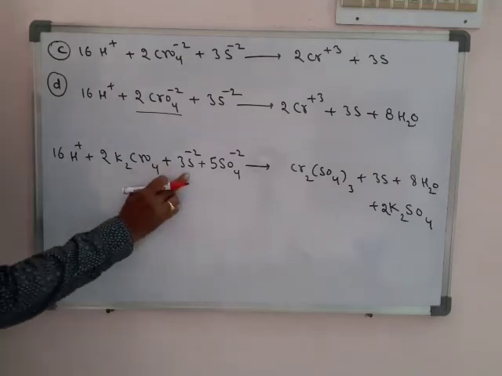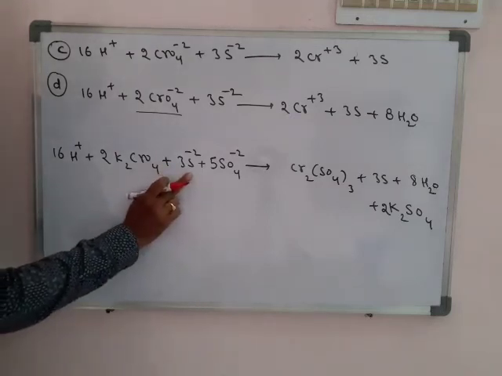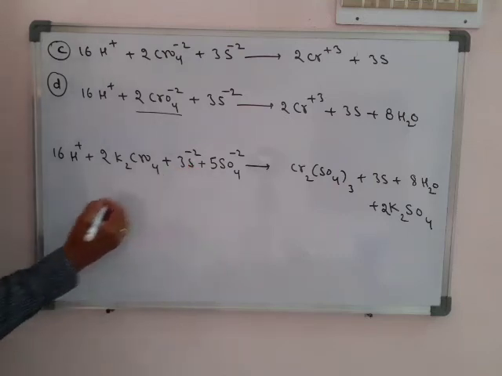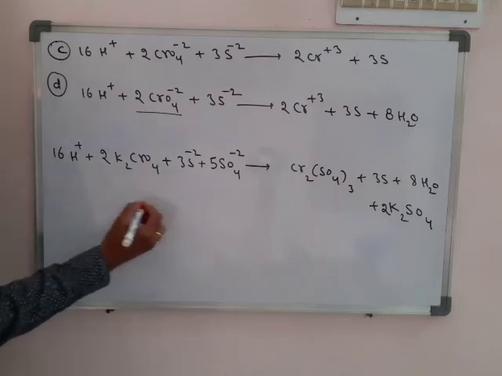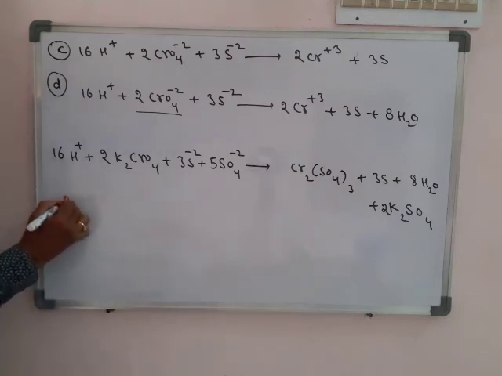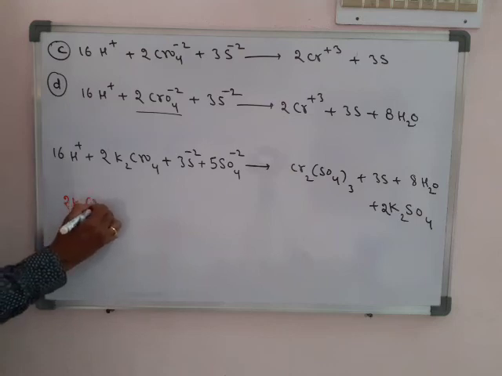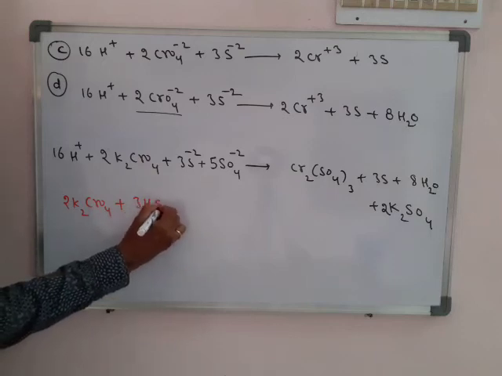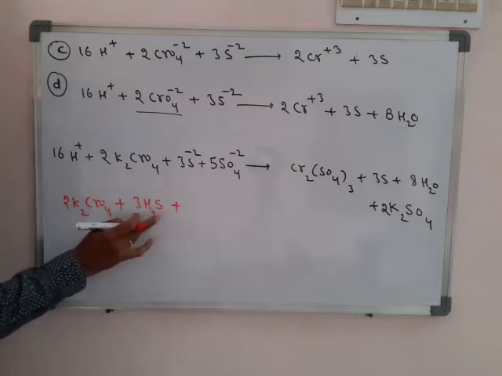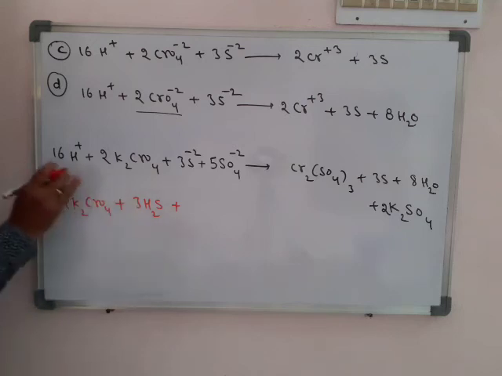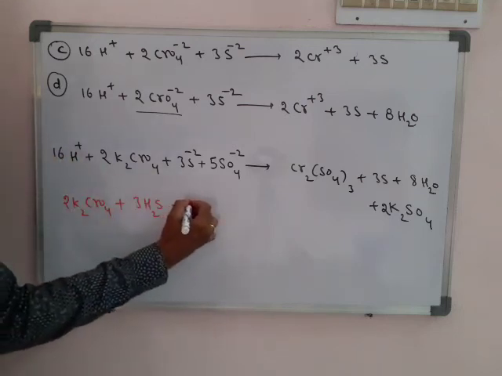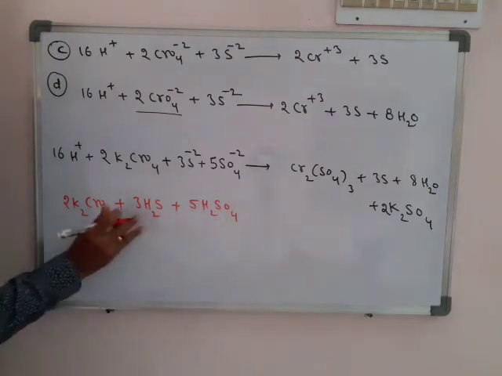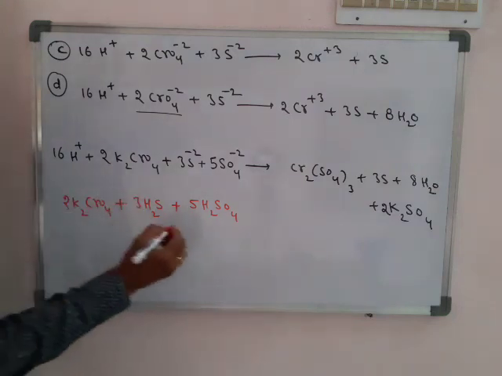This S minus 2 we obtain from H2S. Since we separated it from H2S gas, and here there are 3S minus 2, there is a possibility of writing 3H2S. 2K2SO4 is no problem, it is a perfect compound formula, we cannot add anything, so 3S minus 2 can be added as 3H2S. Now S minus 2 with H2 plus 2, so 3 2s are 6, and there are 10 more remaining. So when there are 10, for example we write 5H2SO4. So 5 2s are 10, 3 2s are 6. 16H plus are completed.